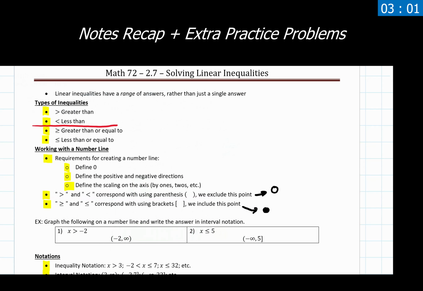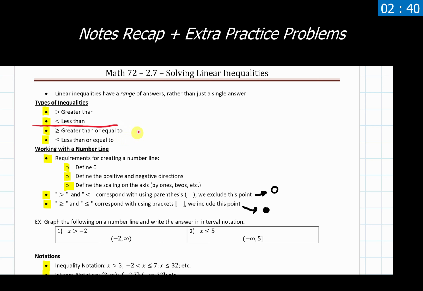So as a quick recap of the material that we learned with solving linear inequalities in interval notation, we had 4 types of inequalities that we covered, and they span 2 types of groups, as you could call them: greater than, less than, greater than or equal to, less than or equal to.